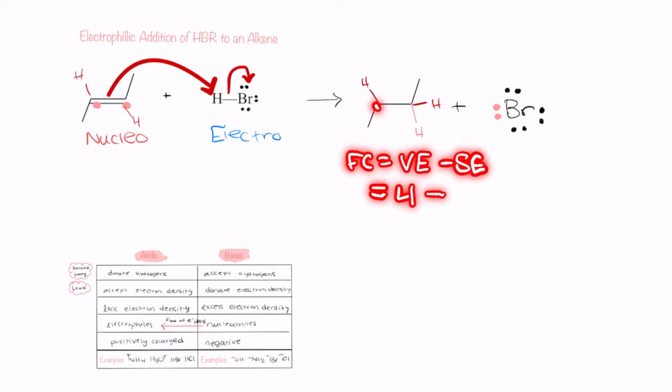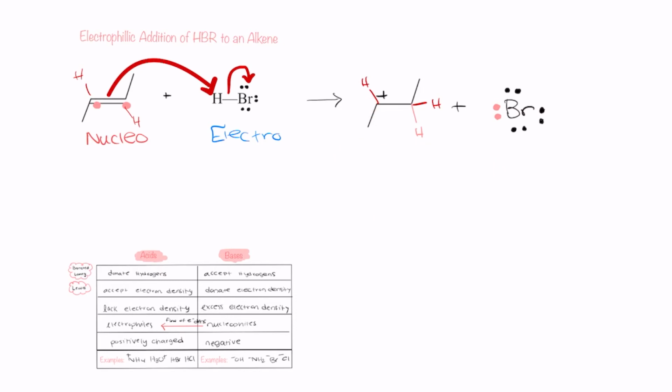So 1 surrounding electron from each bond makes 3 surrounding electrons. 4 minus 3 gives a positive 1 charge, and therefore this carbon here has a positive charge. So we can go ahead and draw that in. And so carbons with a positive charge get a special name. They're called carbocations. Please do not say carbocation.